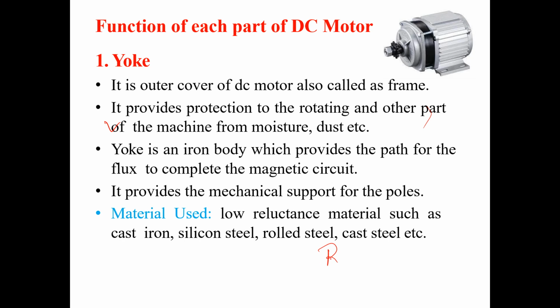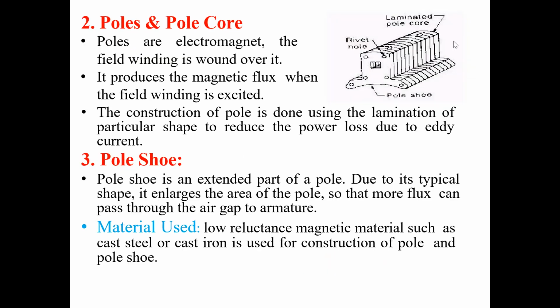Reluctance is just the opposition to the flow of flux. So if reluctance is more, the flux is less. So we use such type of material where the value of reluctance is low, so that our maximum flux flows through the core, or you can say the yoke, or our stator.